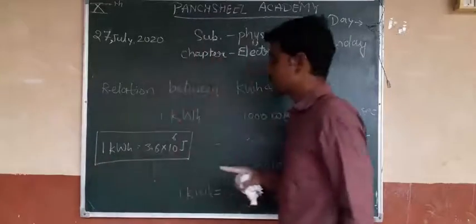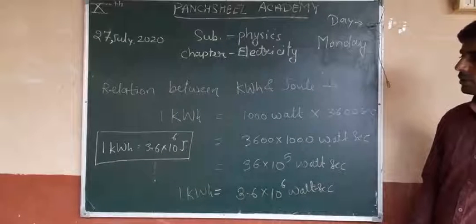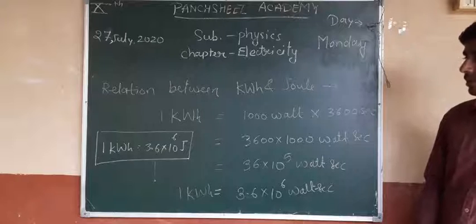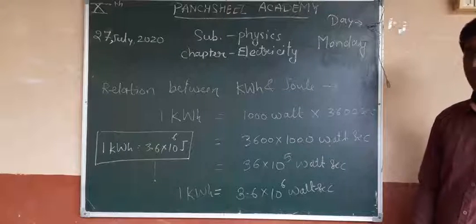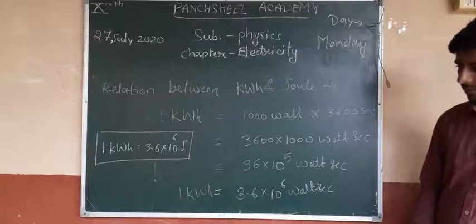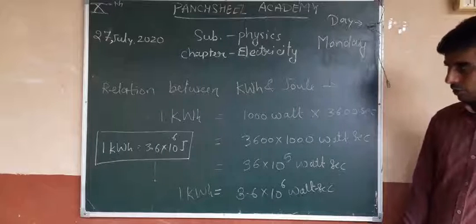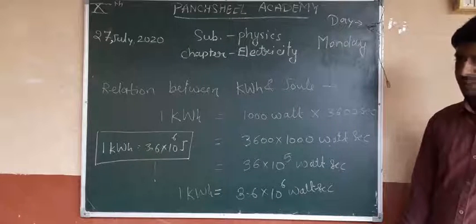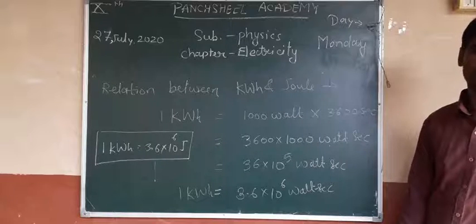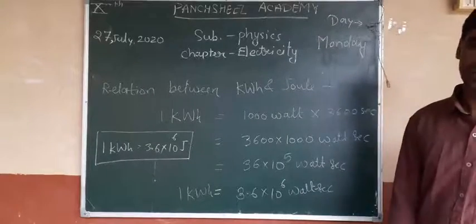This is a very important relation. So this is the energy consumed by any appliance when it runs for 1 hour. So the commercial energy is measured in kilowatt hour or unit, or 3.6 into 10 to the power 6 joule.